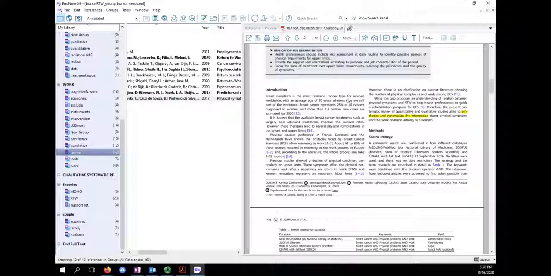And their gap will usually be stated in the introduction. For example here, there is no clarification in the current literature showing the relation of physical symptoms to working among breast cancer survivors. And their purpose aims to synthesize the information about physical symptoms and work relations among breast cancer survivors.